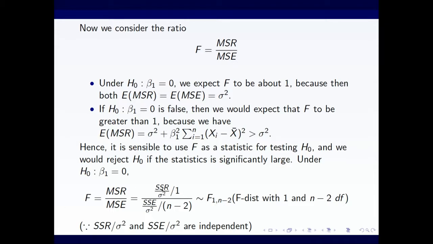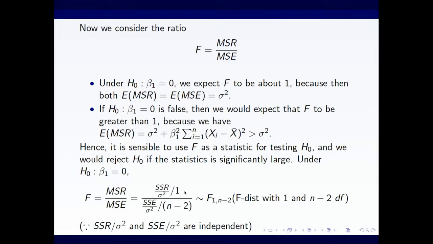So here, under H0, beta 1 equal to 0, SSR divided by sigma squared is a chi-square distribution with 1 degree of freedom. And SSE divided by sigma squared is a chi-square distribution with n minus 2 degrees of freedom, regardless of whether beta 1 equals 0 or not.